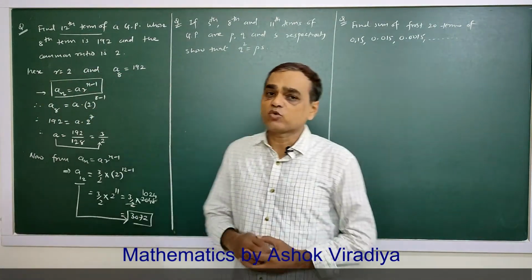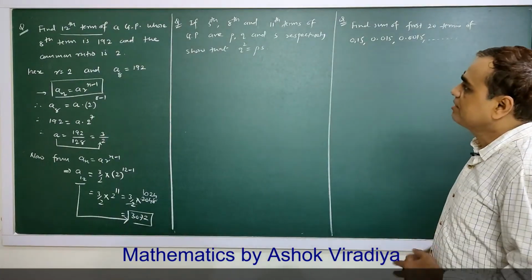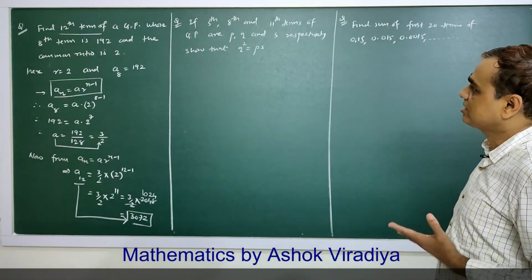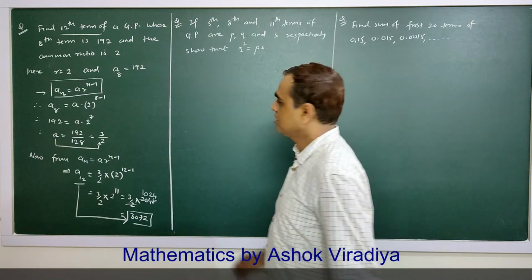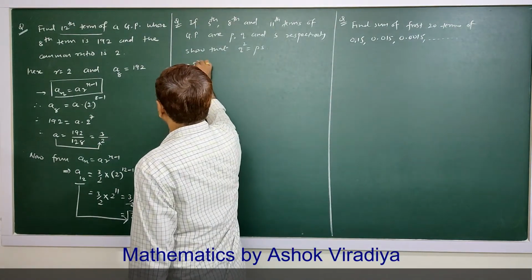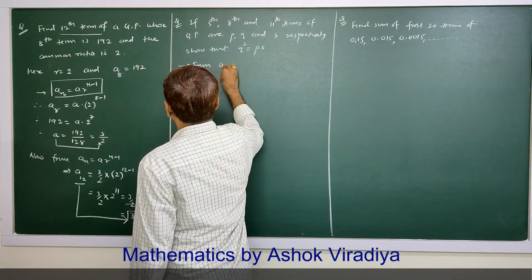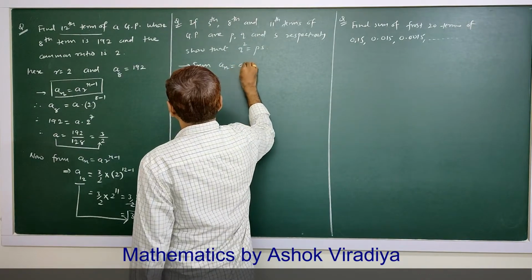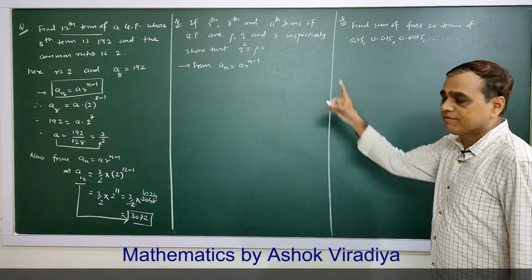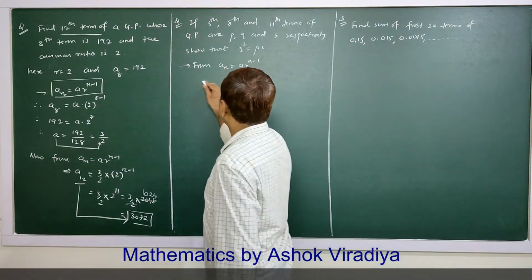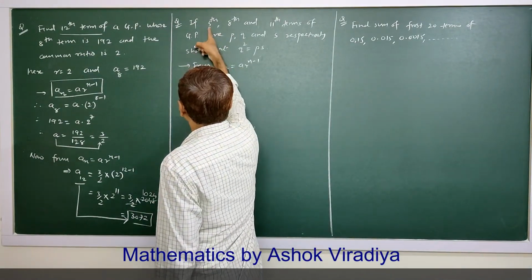Now see the next question. The 5th, 8th and 11th terms of a GP are P, Q and S. The formula for the nth term is A into R raised to n minus 1. From this formula I am taking the 5th term.